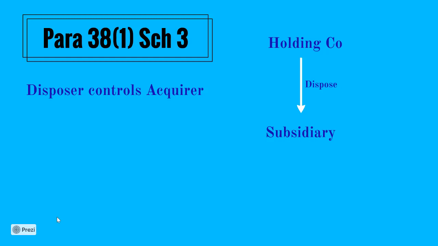So the holding controls the subsidiary, the disposer controls the acquirer. Now the second case is when the acquirer controls the disposer, meaning we're reversing the situation: instead of the holding disposing to the subsidiary, now you have the subsidiary disposing to the holding.